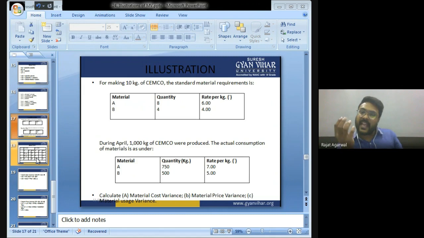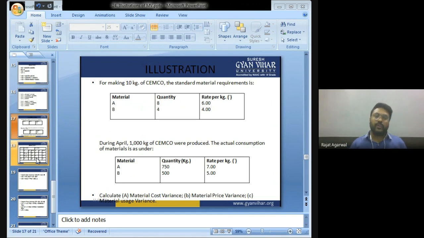Because in actual, we produced 1000 kg of Chemco. So we will also take the standard of 1000 kg. Now the actual 1000 kg will be compared with the standard 1000 kg. Then the comparison will be possible. But to compare 1000 kg with 10,000 kg is not possible. Standard and actual both should be the same. Only then we can compare.